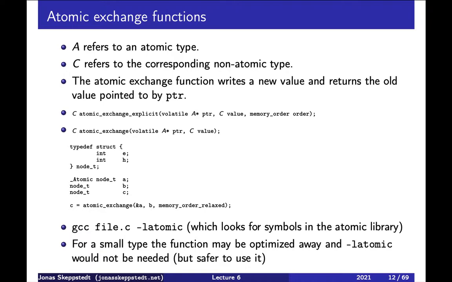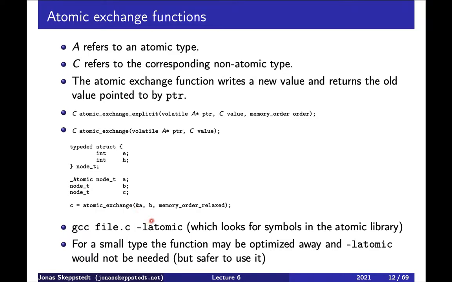The reason is that for a small struct, the compiler inlines this function. It knows what it does and just produces the machine instructions directly without calling this function. But if the struct is big, then it's inefficient to inline the code, so instead it calls the function, and therefore it needs the library where this function is located.